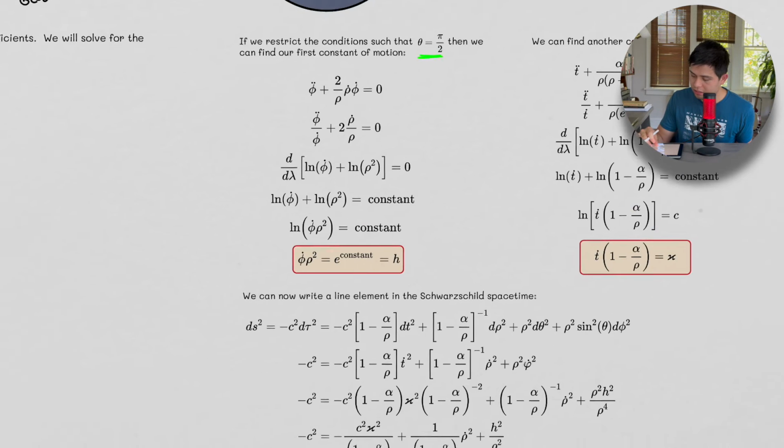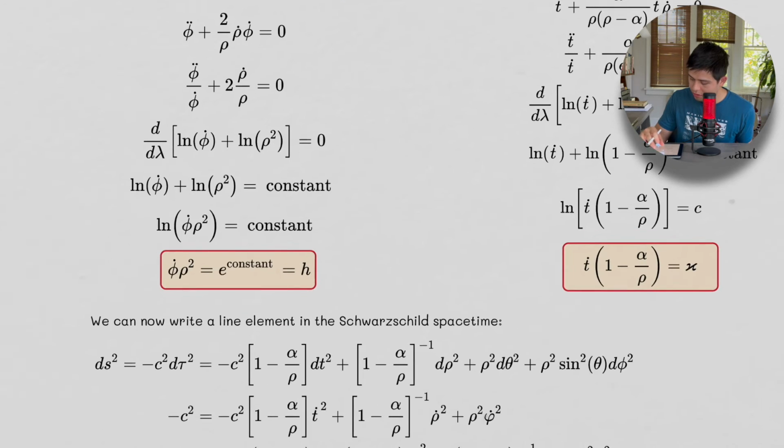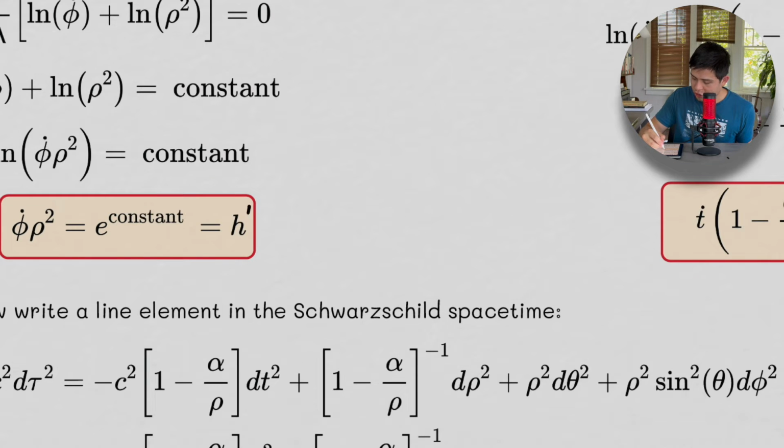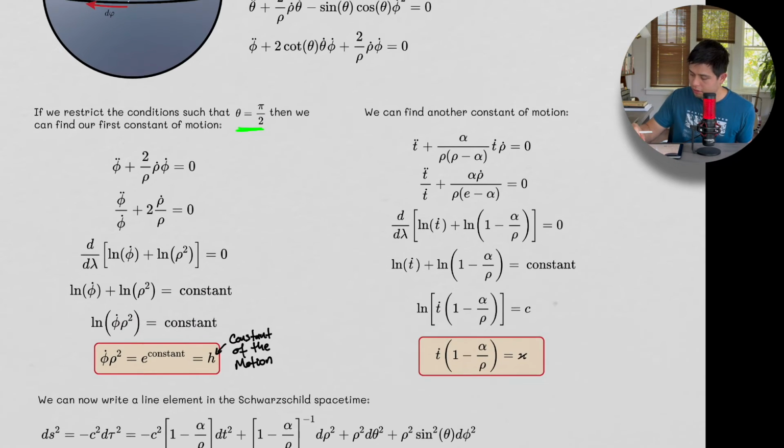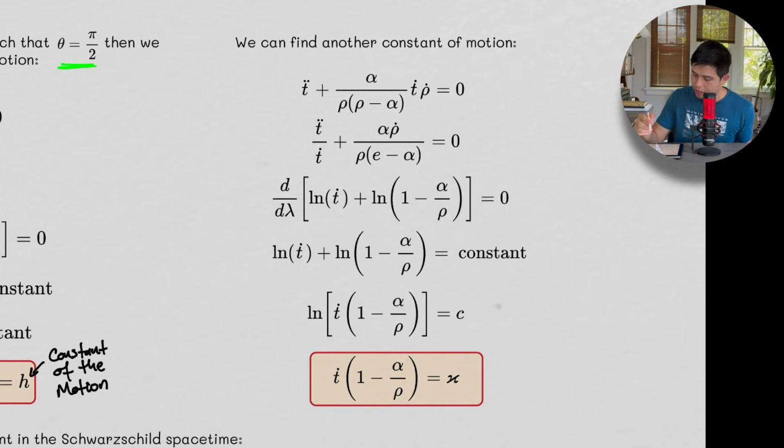And this is a constant of the motion, right? So this h is constant of the motion. And this is something we want to keep in mind. We can calculate another constant of the motion through this way, right?